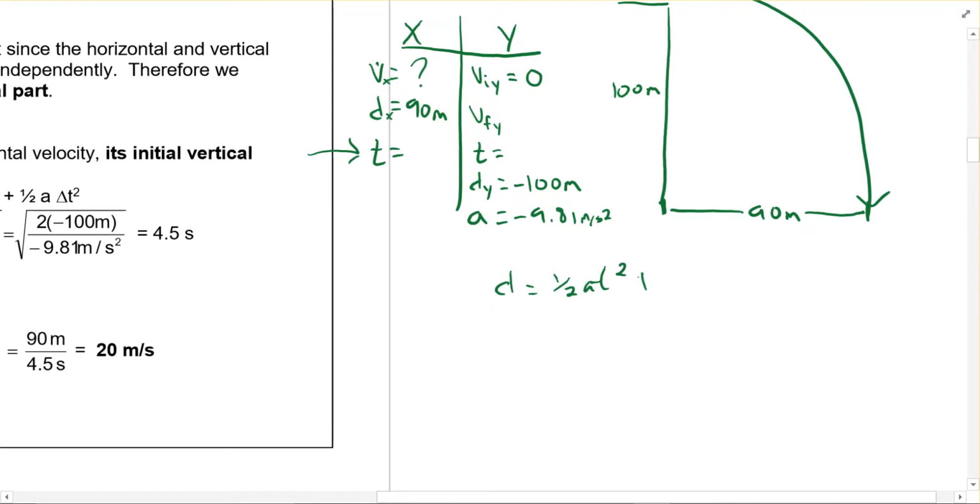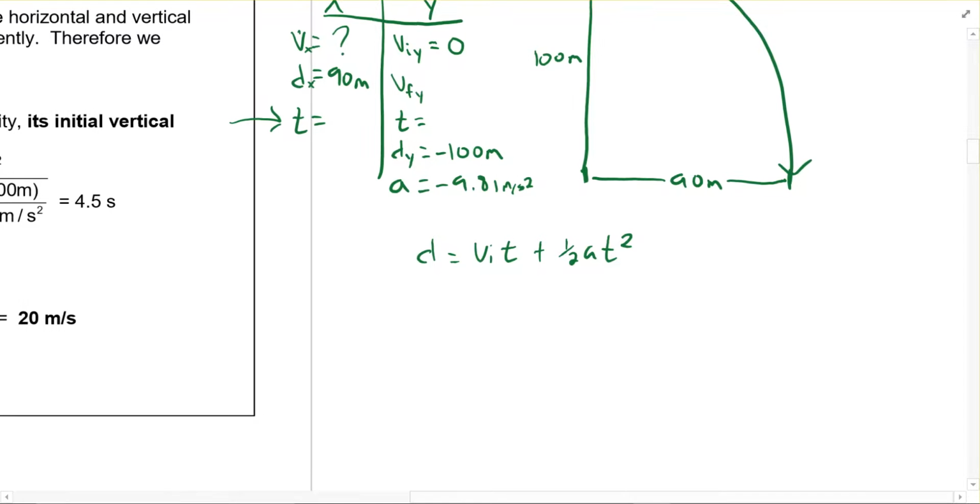Oh, sorry. d is equal to vit plus 1/2 at squared. Got a brain glitch there. All right, so that's dy, and this is vi in the y direction. This is going to become a lot easier though, because vi in the y direction is 0. So this entire term goes away.